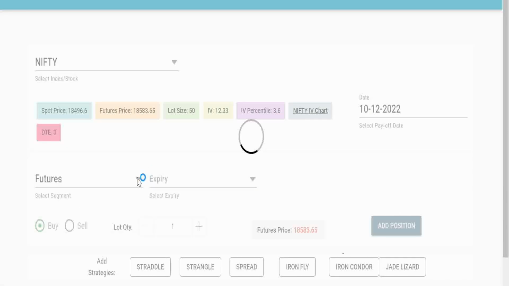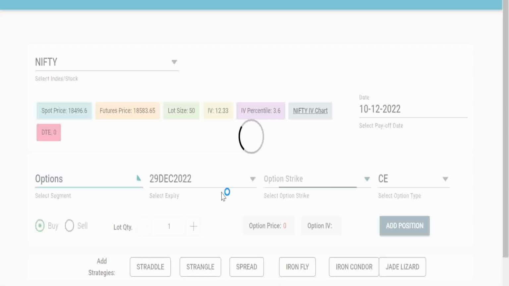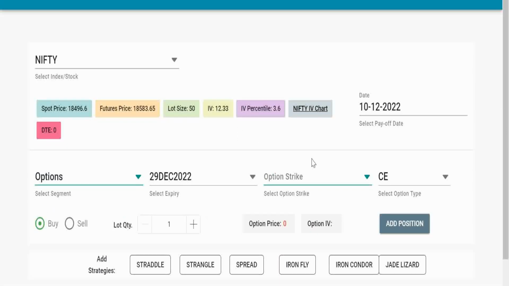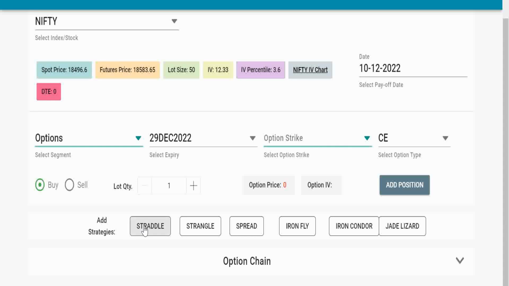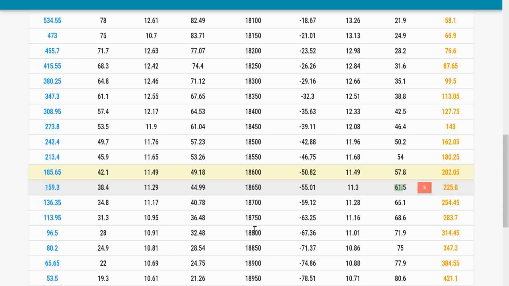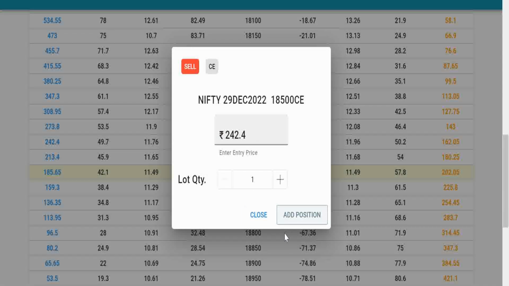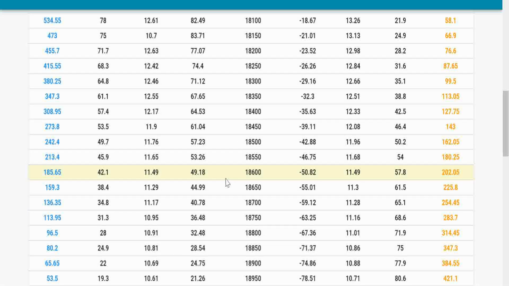So again, I'm going to implement the same strategy: sell one lot of the 18,500 call option and one lot of the 18,500 put option.